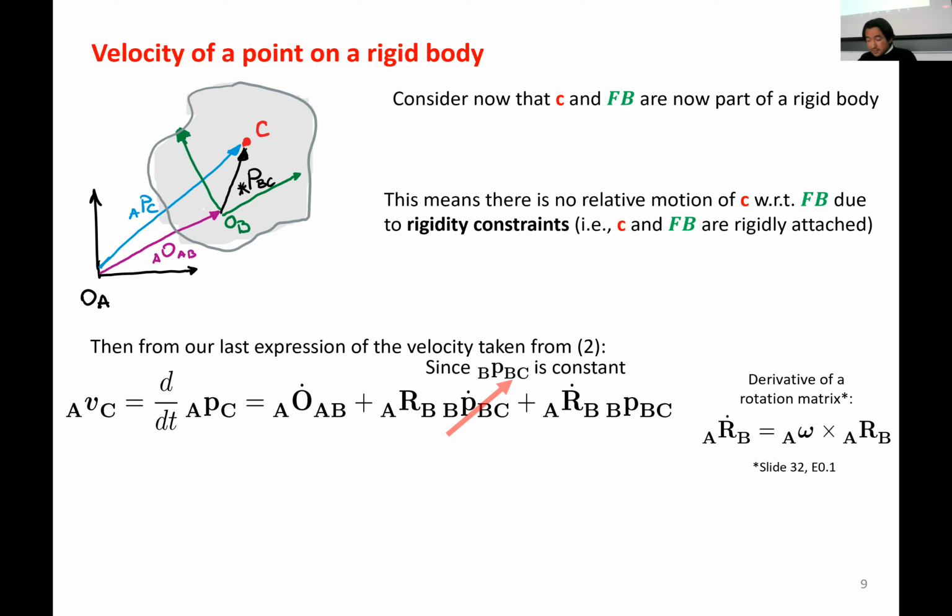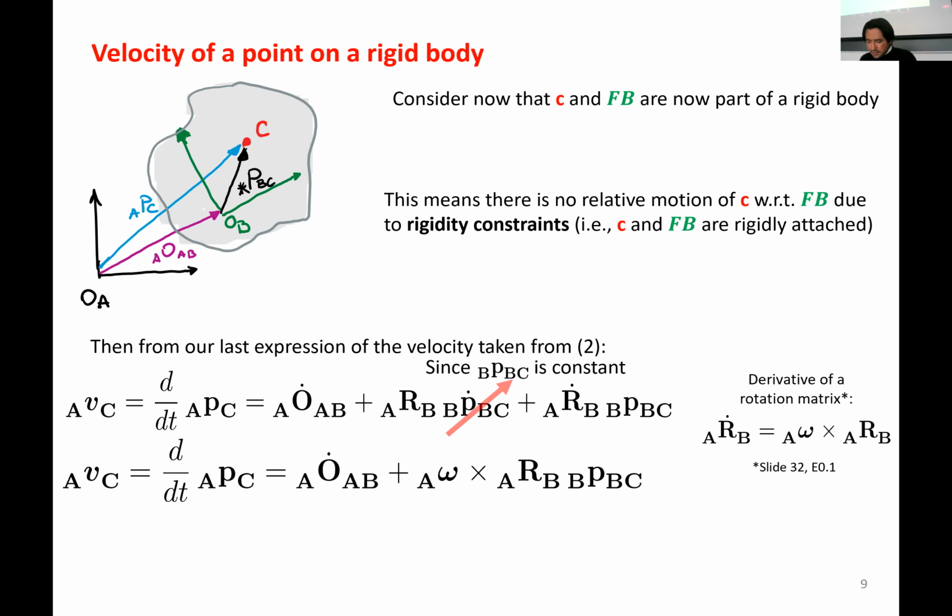Now keep in mind this expression, because in the next expression, I'm going to replace the derivative of the rotation matrix with this expression. If you want to go back, you can always look at the slides. When I'm referring to expressions in previous lectures, I'm always putting the number of the slide, so when you're studying, you can refer back to it. So here we have the expression removing the term in the middle, and then we are replacing the derivative of the rotation matrix by the expression on the right.